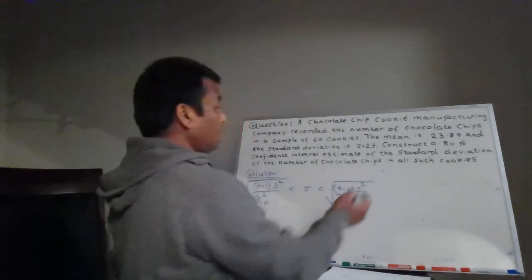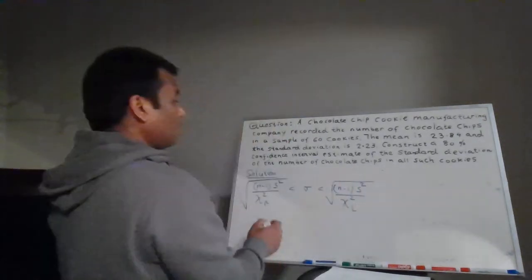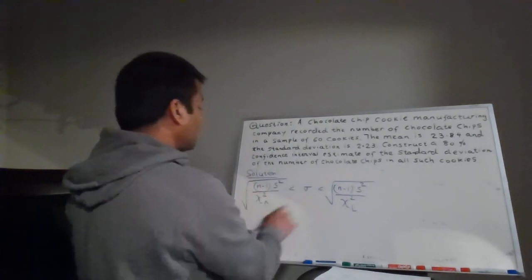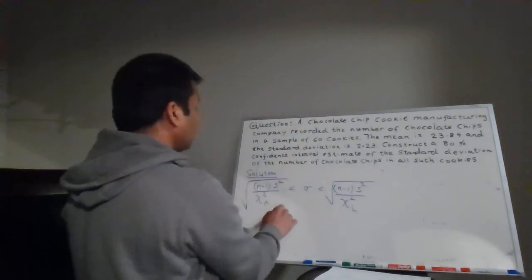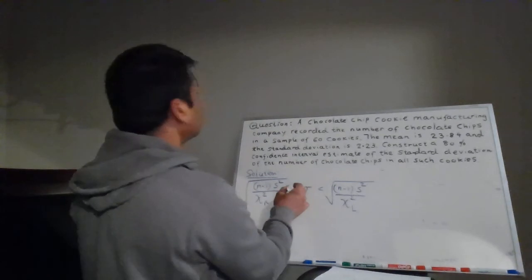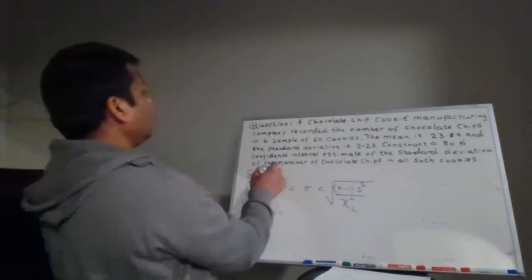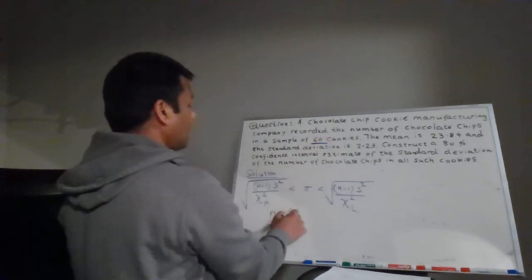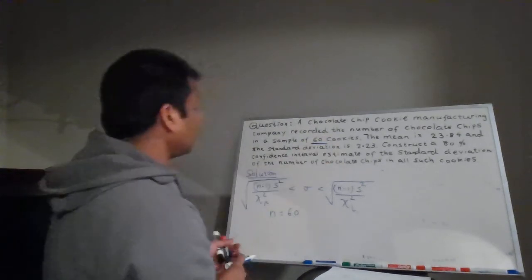Okay, so we know the sample size in this problem. The value of n is given here, 60 cookies, so n equals 60, the sample size.